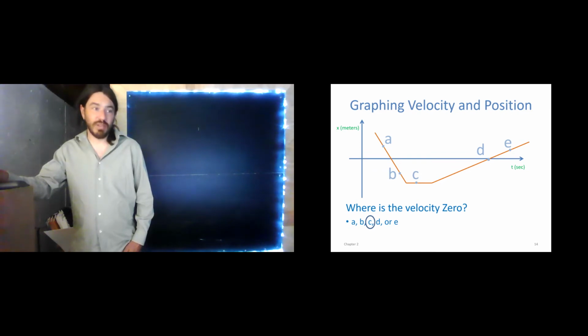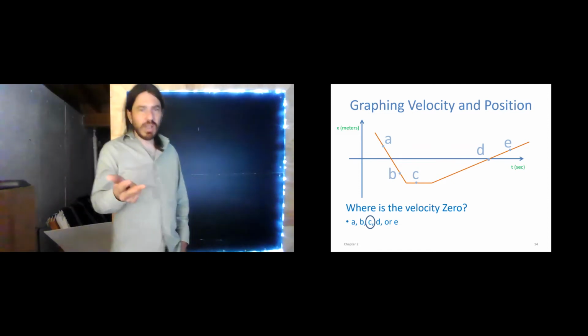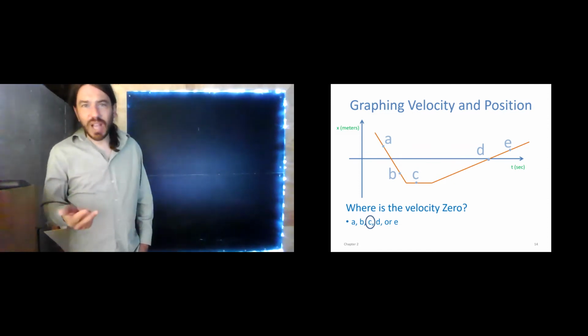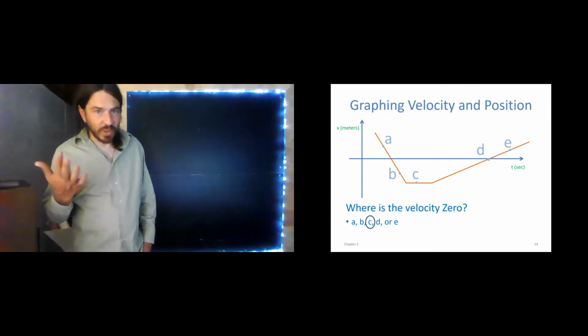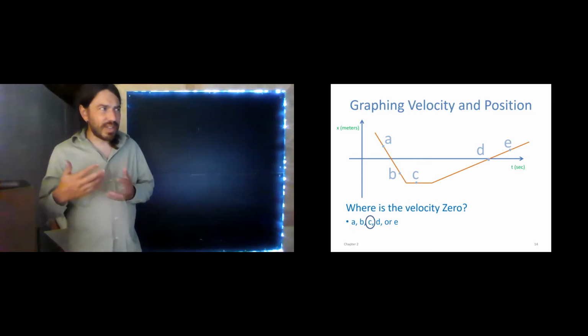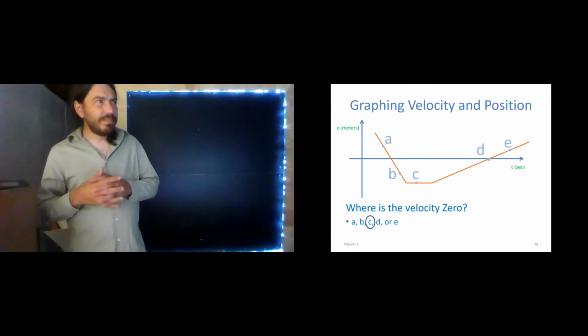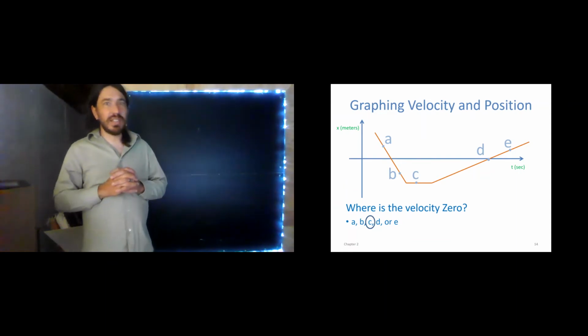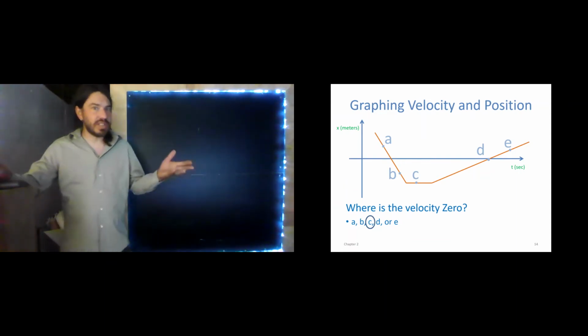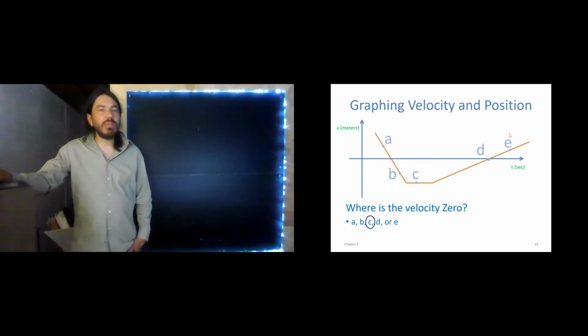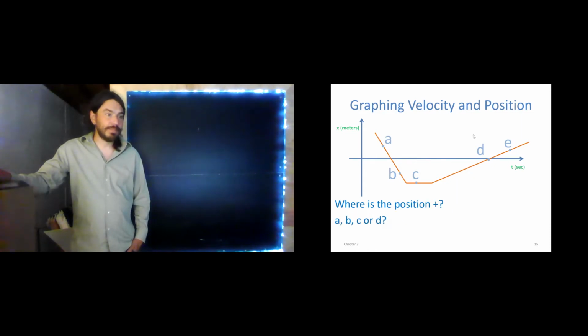The position is 0, but the velocity is not 0 at D. So we see here that we can have a position that's positive, negative, or 0, while simultaneously having a velocity that is either positive, negative, or 0. Right? Are the two things related? Yeah, but just knowing the velocity doesn't tell you the position, and just knowing the position doesn't tell you the velocity. You need a little bit more about it. You need to know how the position is changing in order to know the velocity.